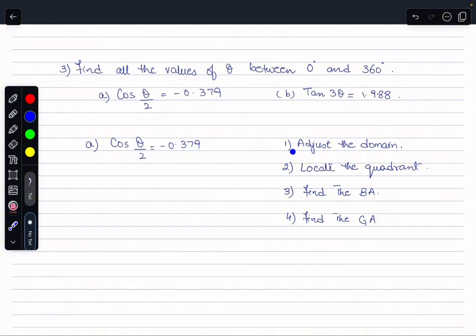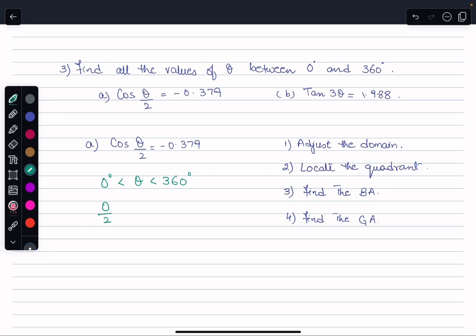So the first step that we need to follow is to adjust the domain. So to adjust the domain, what we see here is that the given domain for theta is for 0 degrees less than theta, which is less than 360 degrees. And in the question, we have the complex domain, which is a theta by 2, meaning I should be dividing this domain with 2.